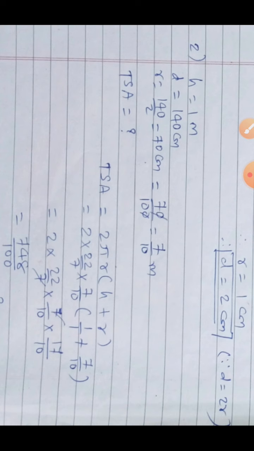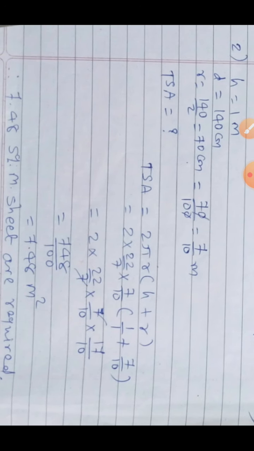Now TSA is asked, because a closed cylinder is being prepared there. So the TSA formula is written: 2 pi r (h plus r). You have already memorized it. So all values are placed. h is 1, r is 7 by 10. Now inside the bracket there is an addition of two fractions. I have written the integer also in fraction form, meaning rational number form.